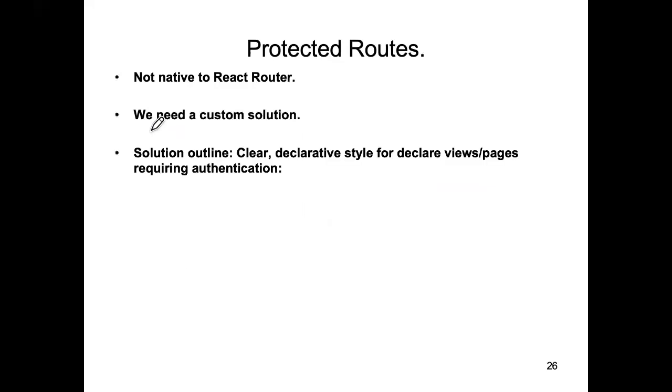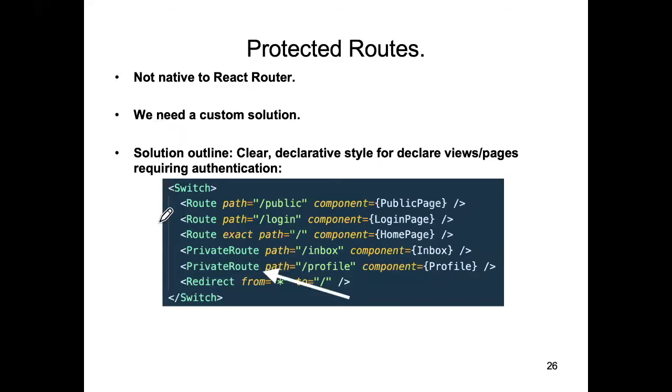Now, our objective is to implement our solution in a declarative way. What I mean by that is, this is what we'd like our routing configuration to look like, so it's very clear what the intent is. It's saying this is an ordinary route, this is another ordinary route.